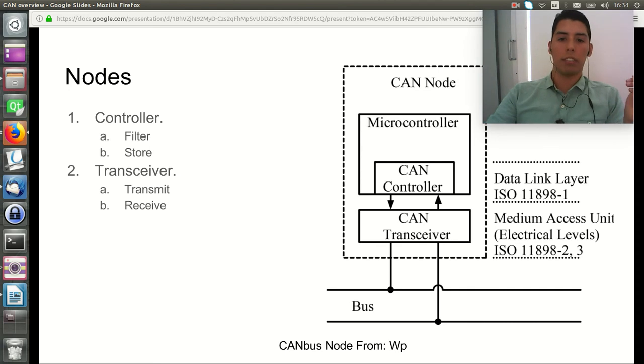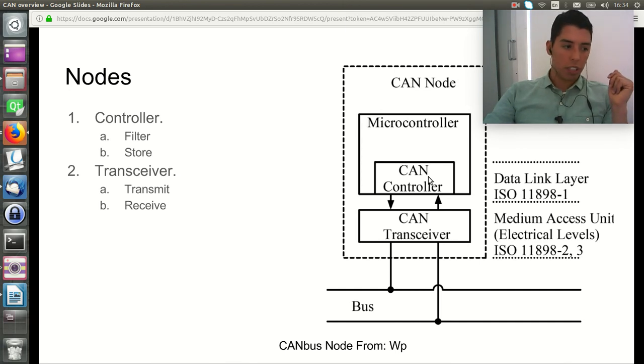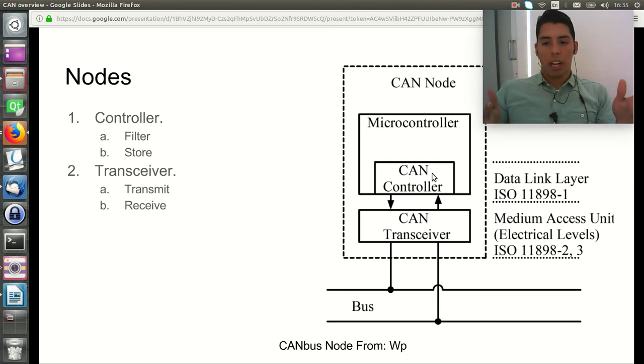It notifies the host processor that the data is available in the FIFO. The CAN controller filter can be programmed to ignore certain CAN frames. Also, the CAN controller is programmed by creating a configuration in each register.